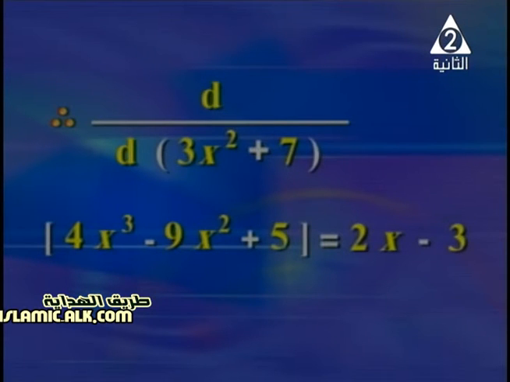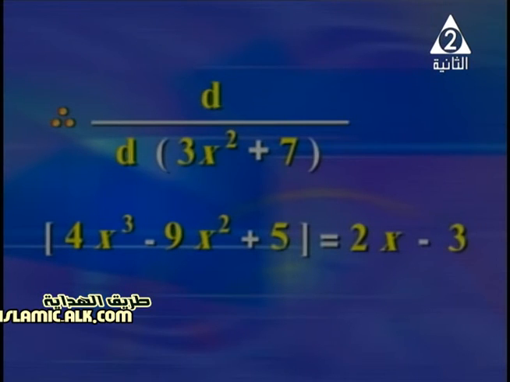We find the derivative of the bracket 4x power 3 minus 9x power 2 plus 5, putting y equals what? Yes, 4x power 3 minus 9x power 2 plus 5. z equals what? 3x power 2 plus 7. dy over dx means dy over dz multiplied by dz over dx.